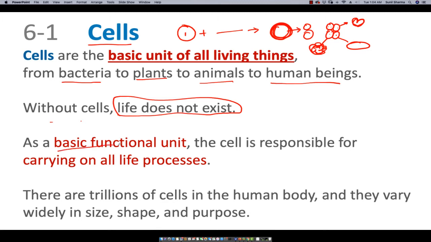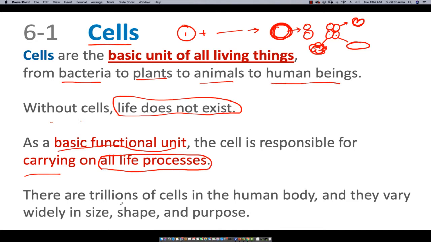As a basic functional unit, the cell is responsible for carrying on all life processes. And so a cell is a living unit that breathes, that receives food, that multiplies, reproduces.